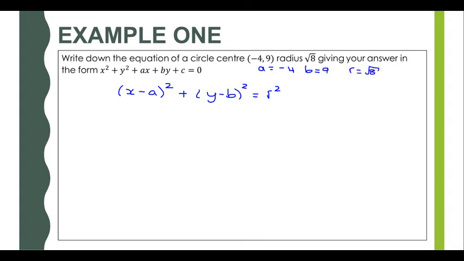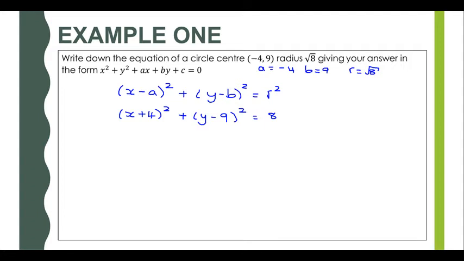So if we substitute these in, we get x minus minus 4 gives us plus 4, so x plus 4 squared plus y take away b, so y minus 9 squared is equal to root 8 squared, which just gives us 8.